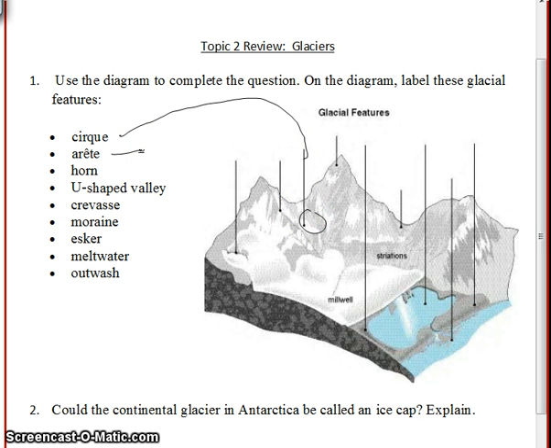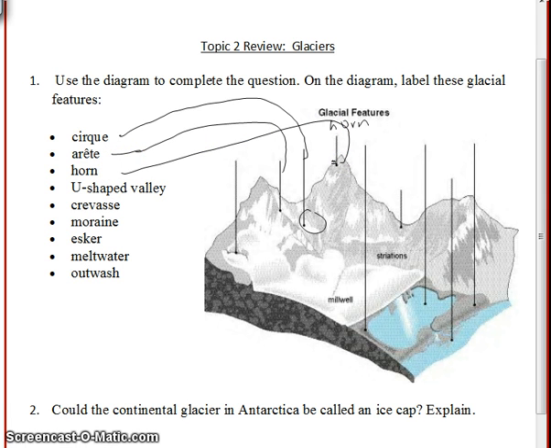And a horn is like a peak, so there's an example of a horn. A large ridge is an arête, so that might be this right here. So the horn is right there.